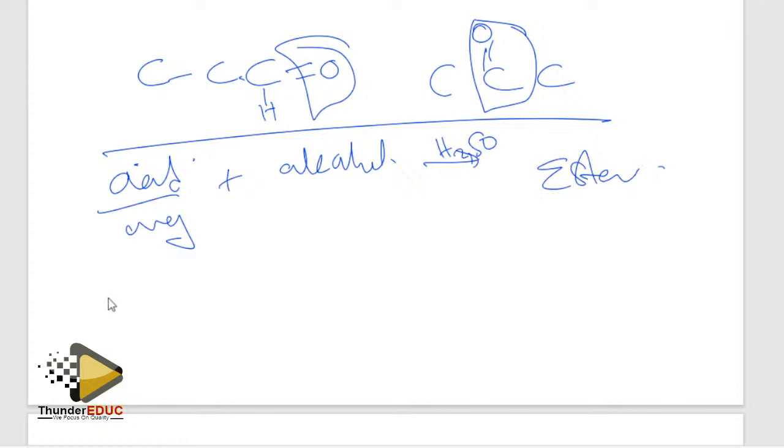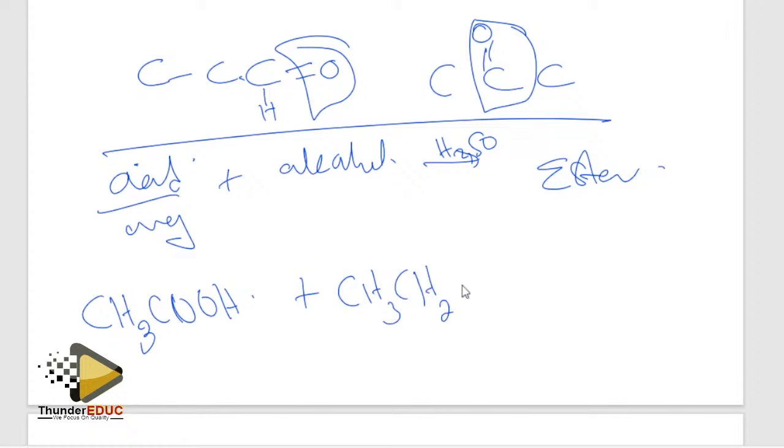Cool. For example, carboxylic acid, maybe ethanoic acid, plus an alcohol, maybe propan-2-ol.